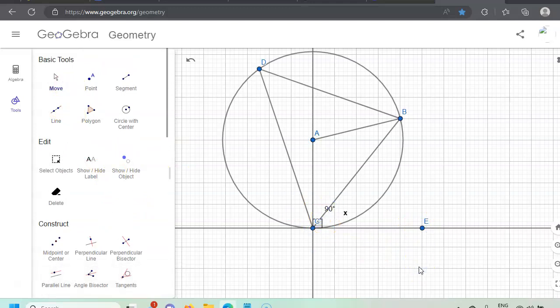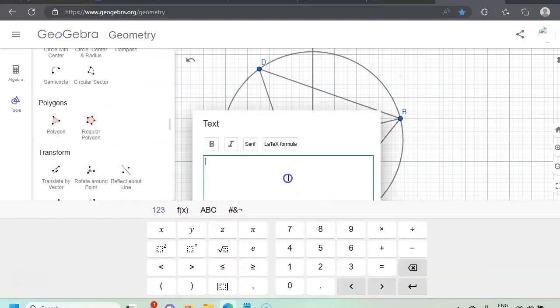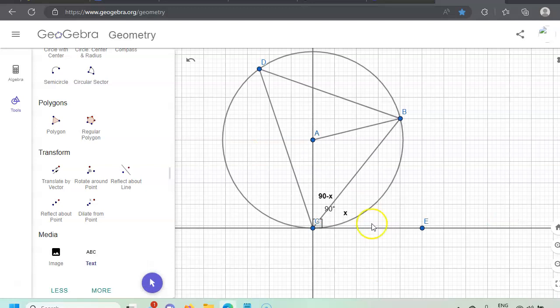Okay, so the lower part is x, that is the angle formed between the chord and the tangent line. So what is now the measure of ACB, the upper part of the right angle? So yeah, logically that would be 90 minus x, right? So let's write that down there.